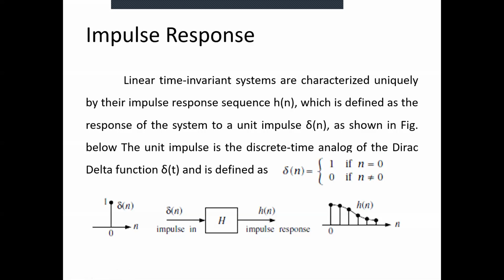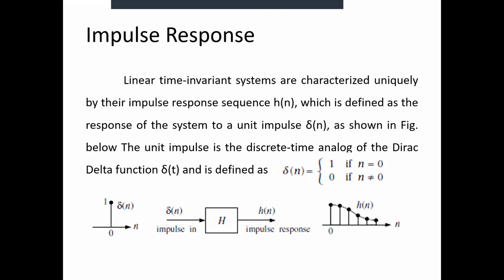If we substitute the input x by the delta function, at that time we can measure the impulse response of any system. Here we have a system characterized by an input-output equation. If you feed the input of the system with delta of n, then the output automatically becomes h of n. So in the difference equation y of n, let me go to the whiteboard.